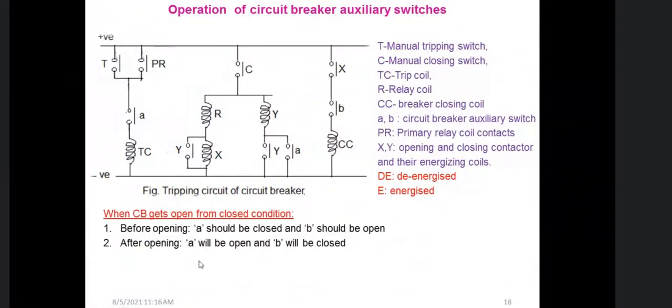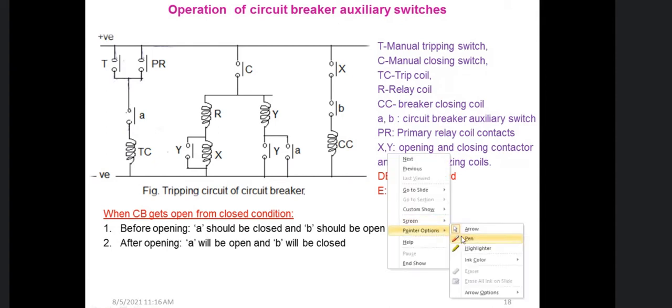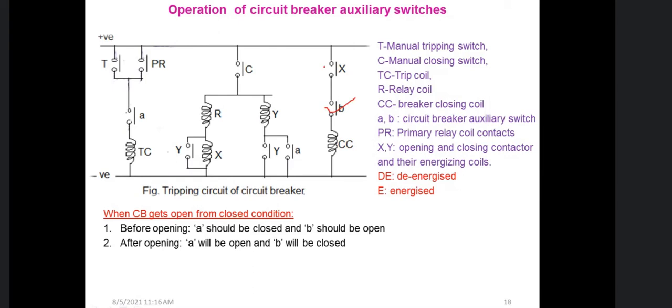Now you see, in short, when the CB gets open from closed condition, the circuit breaker is initially closed and we want to open it. Before opening, when it has not opened, that means it is closed. That means this should be closed and this should be closed. Then only the closing coil is closed and the CB is closed. Now if we want to open it, the trip coil should be energized.